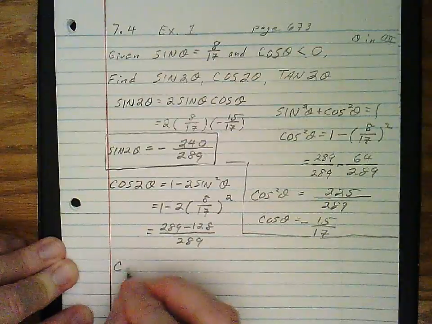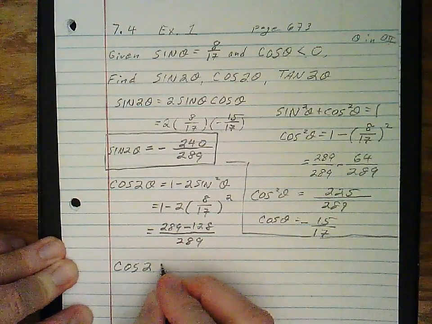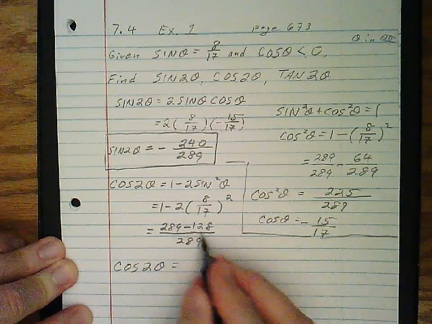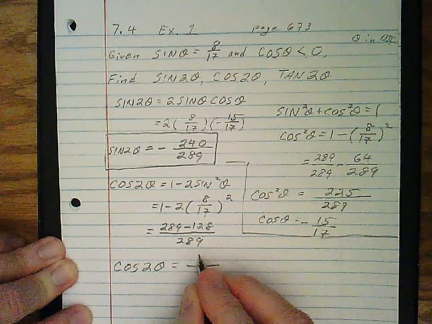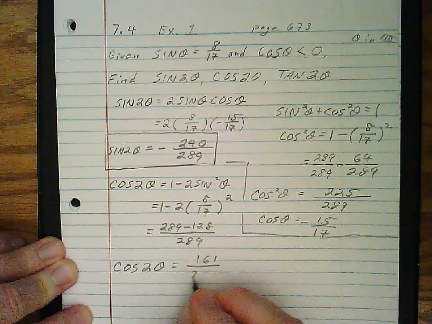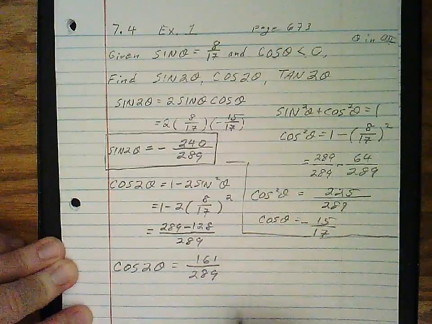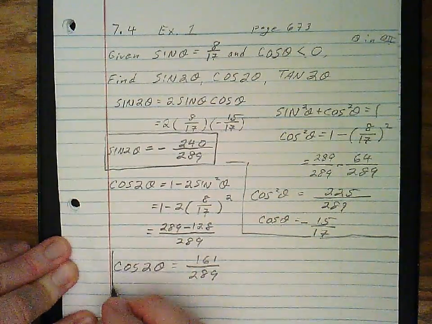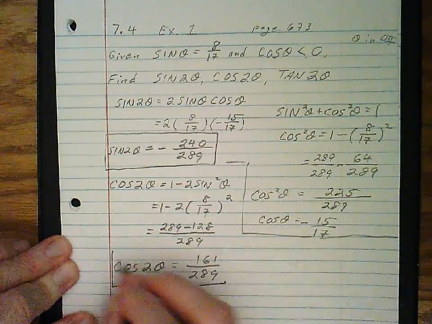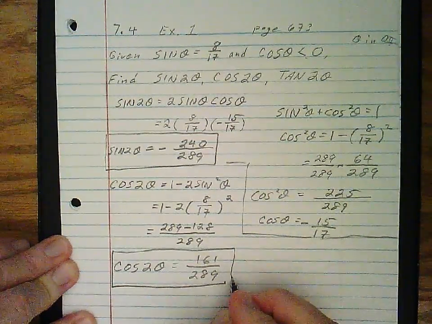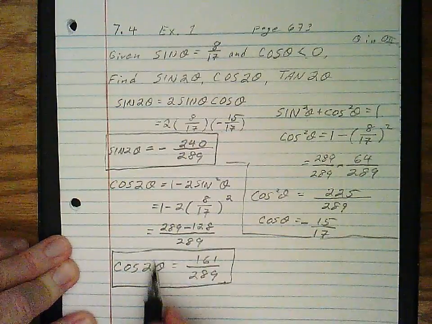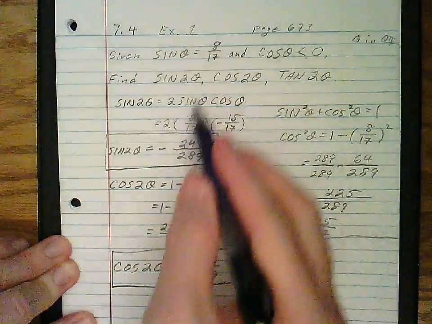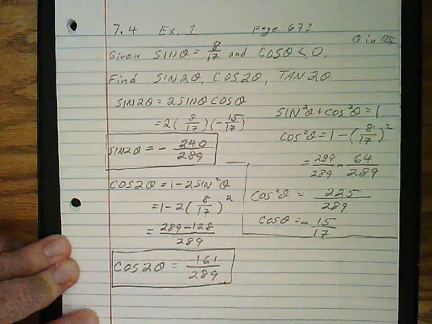So that means cosine of 2 theta, 289 minus 128, 161 over 289. And that is the correct answer for the cosine of a double angle. Notice this gets easier and easier as we go through it. We did less work to find cosine of a double angle as we did for sine.